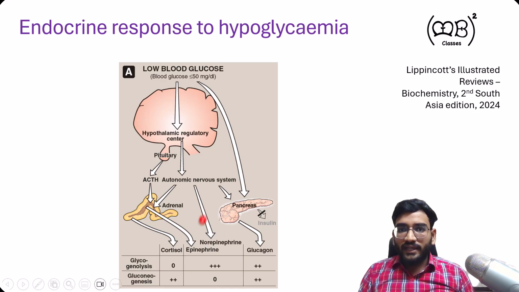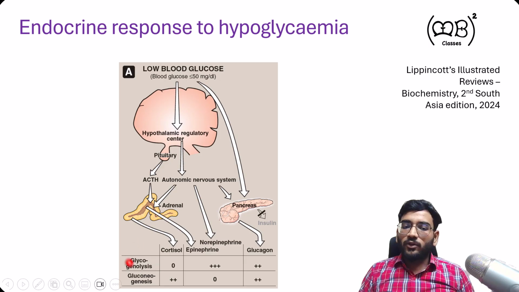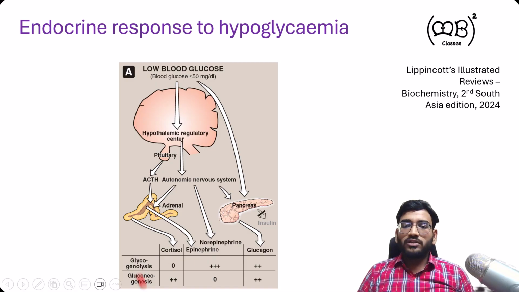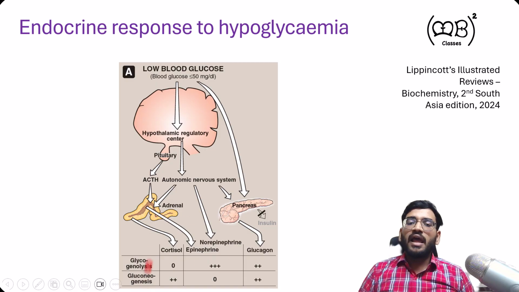They will act directly to increase glycogenolysis, and via the hypothalamic-pituitary-adrenal axis, they will increase ACTH, the adrenocorticotropic hormone, which will lead to increased cortisol. And we saw the role of cortisol in increasing gluconeogenesis via the mobilization of protein. So all these hormones will be increased and they will counter the low blood glucose level.